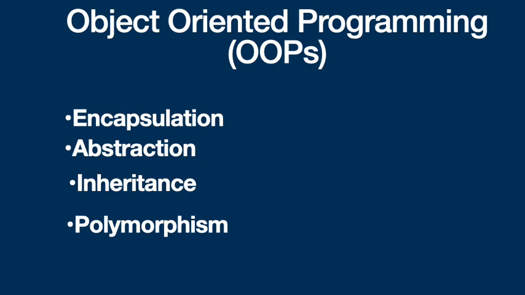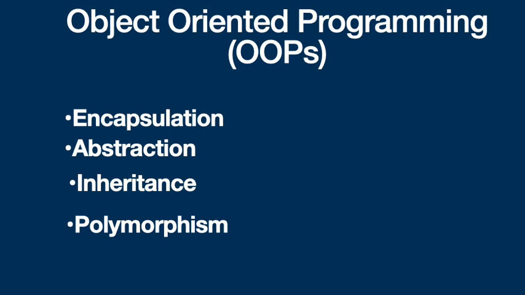Okay, there are four concepts in OOPS: encapsulation, abstraction, inheritance, and polymorphism. What is encapsulation? When we group methods and properties of an object together, it's called encapsulation.